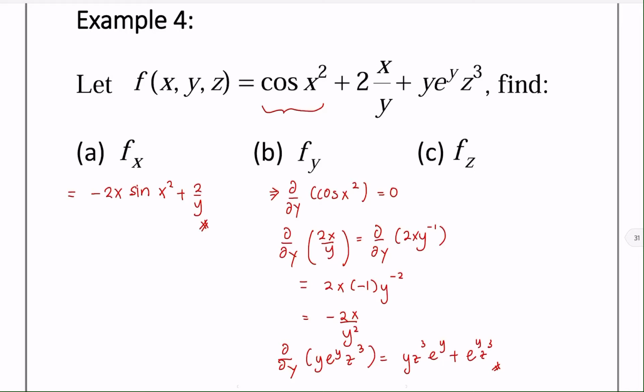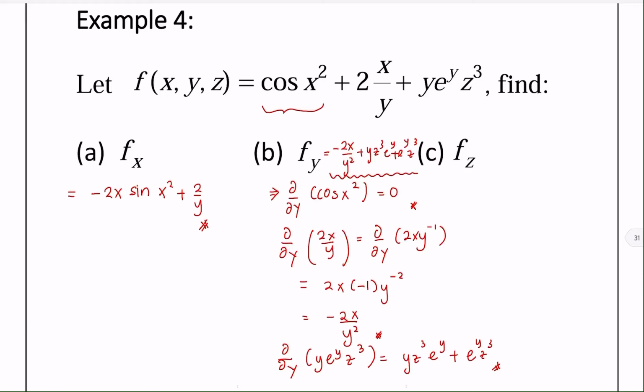So we add up everything: f_y is equal to negative 2x over y squared plus y z cubed e to the y plus e to the y z cubed. So this is the answer for f_y.